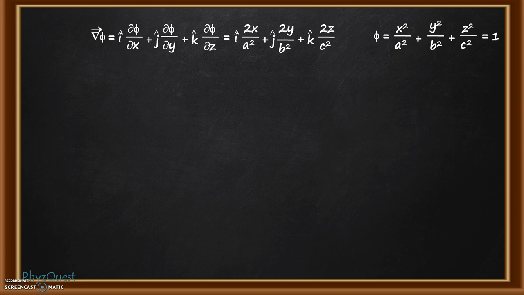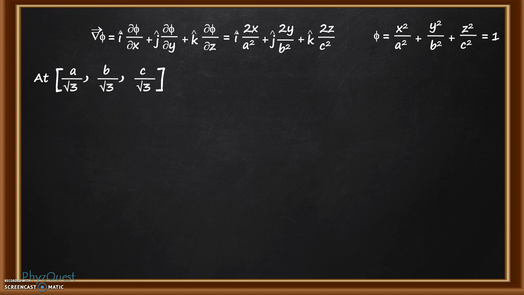Now the question is, we have to find the normal vector at a particular point, which is a by root 3, b by root 3 and c by root 3.